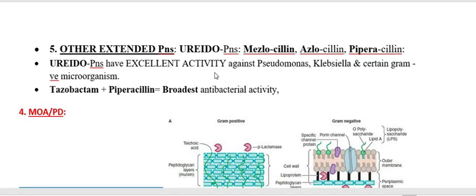So that is why they are the other extended penicillins, and their chemical structure is different, and they are called ureidopenicillins. So ureidopenicillins are mezlocillin, azlocillin, piperacillin. Piperacillin comes with the beta lactamase inhibitor tazobactam, and piperacillin is the extended spectrum penicillin with the broadest activity. So this is very, very important.